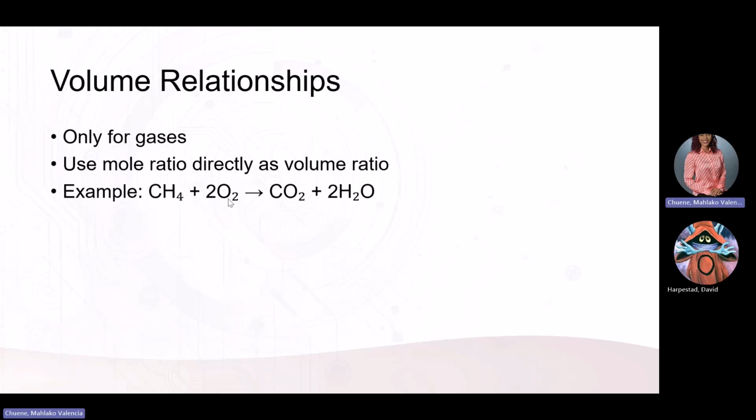That means that in terms of our volume ratio, 1 volume of methane needs to react with 2 volumes of oxygen gas to produce 1 volume of carbon dioxide and 2 volumes of the water vapor. So this is how our relationships work.